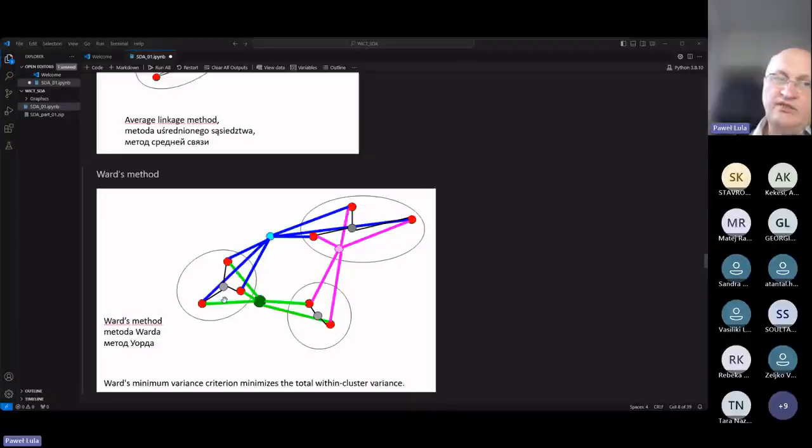And using the information about the lengths of these black lines, we should calculate the variance. And of course, we can calculate the average variance for these 3 clusters.